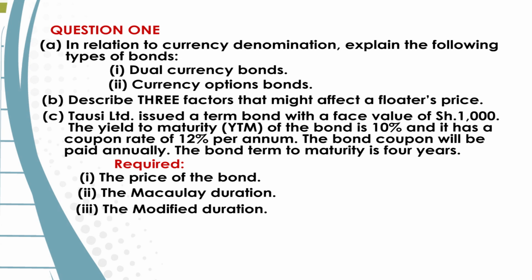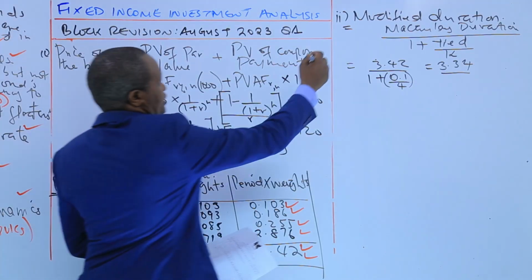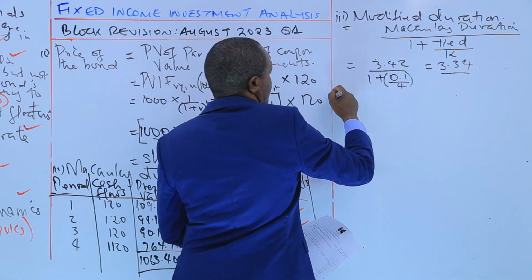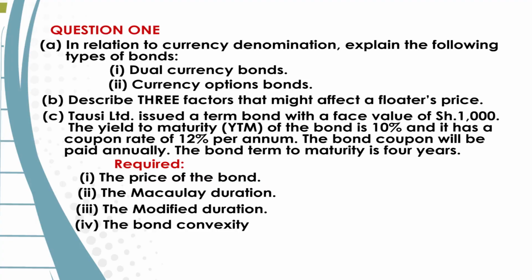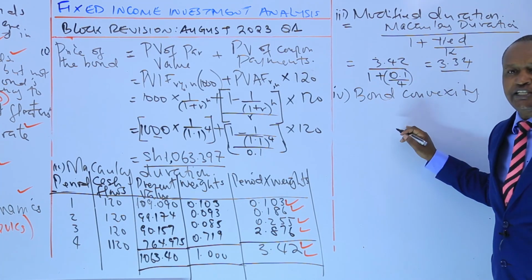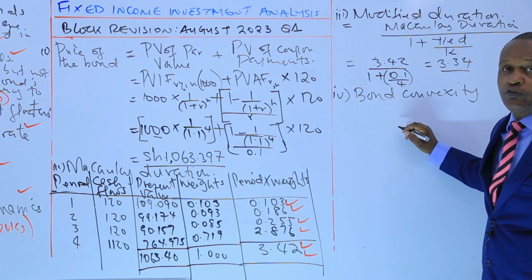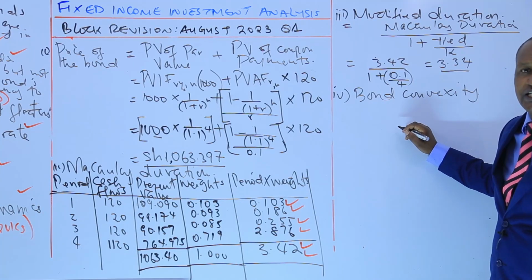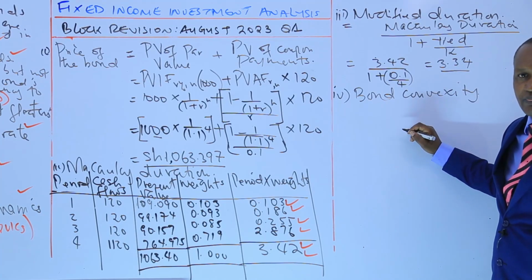Now, part 4 of the question, this is Roman 2, Roman 3, then Roman 4, we have the bond convexity. Now, a bond convexity is a measure of the sensitivity of a bond's duration to changes in interest rates.